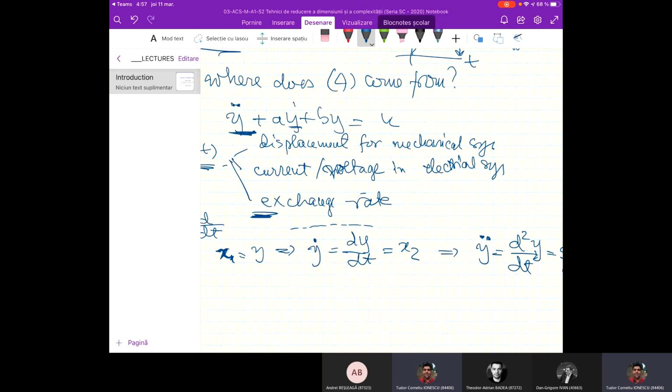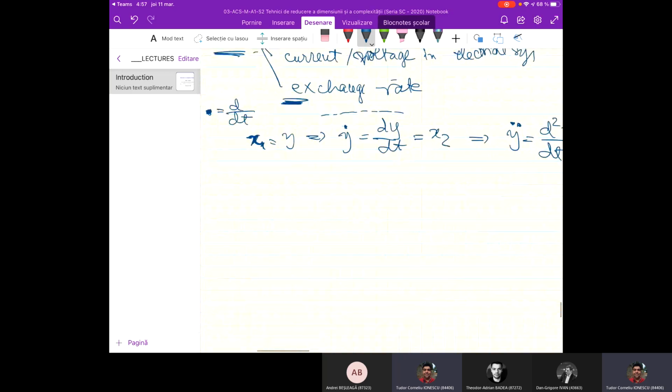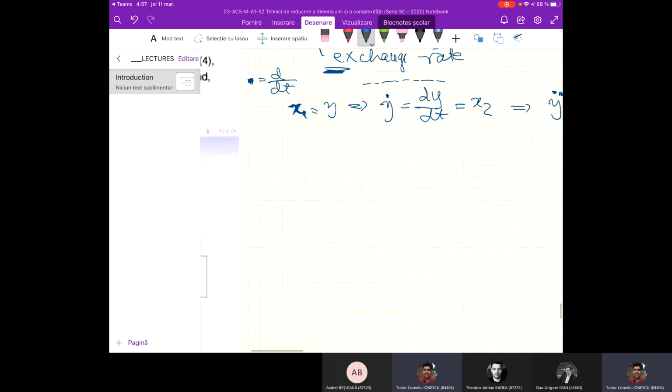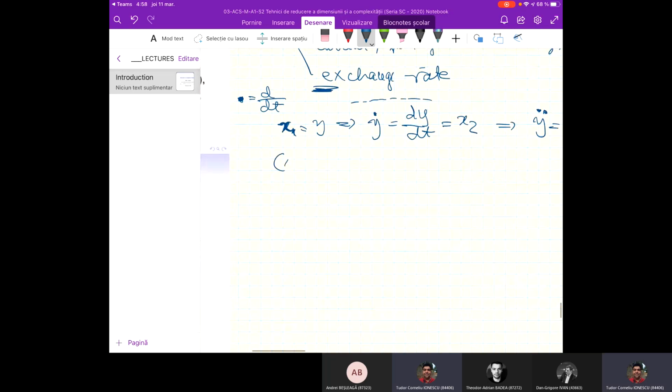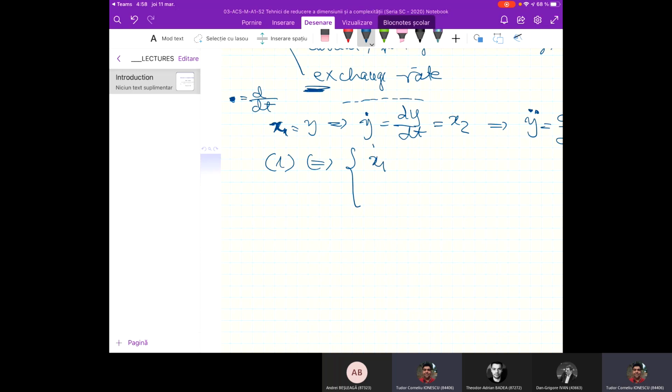This is x2 and this is x1, according to the notation we have just made. So this equation, let's call it number 1, is equivalent to a system of two first-order differential equations: x1 dot is x2, and x2 dot is minus b x1 minus a x2 plus u.